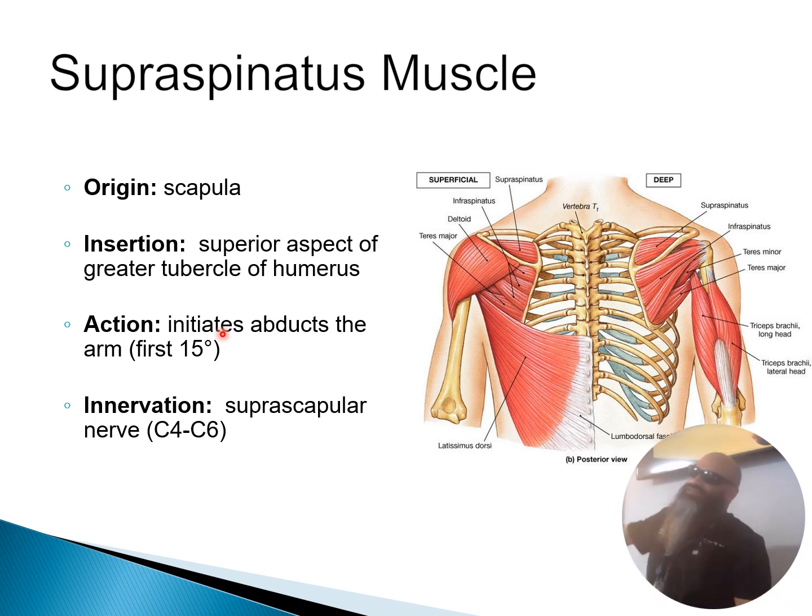In those first 15 degrees, if someone cannot abduct their shoulder, it's highly likely they tore their supraspinatus tendon. Or with the resistance test, you push down their arm and it just drops. That's a supraspinatus tendon rupture as well, okay? You'll learn that in ortho class, but I'm telling you now so you understand the importance of it.